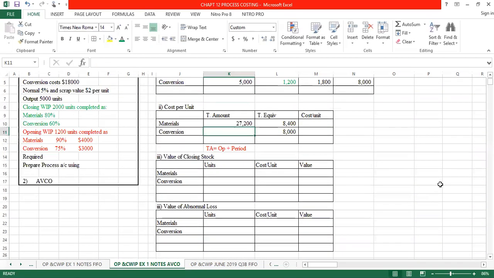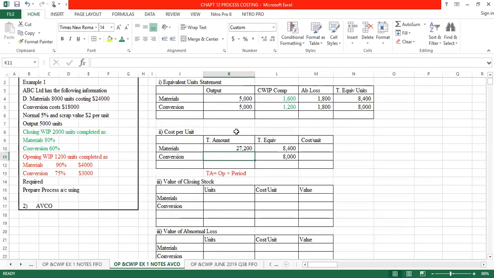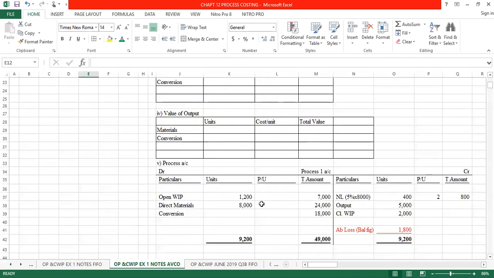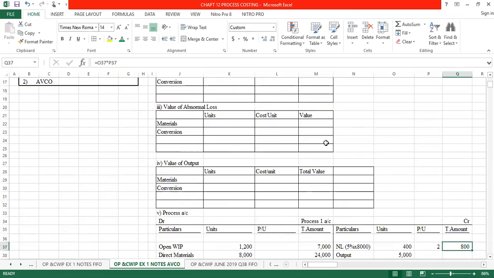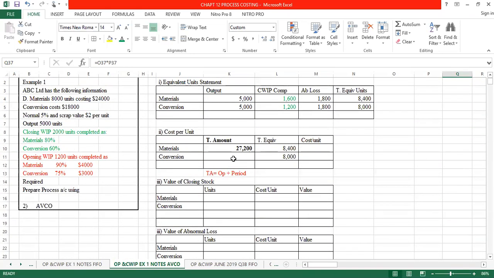I'm repeating. The difference is here in the total amount. So you take opening plus period, but there is a loss, so you remove the loss. I hope you've understood me.